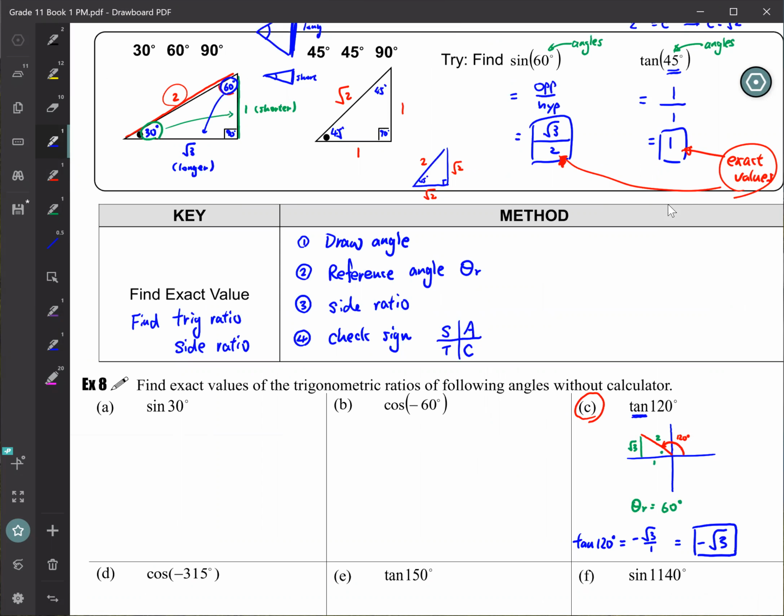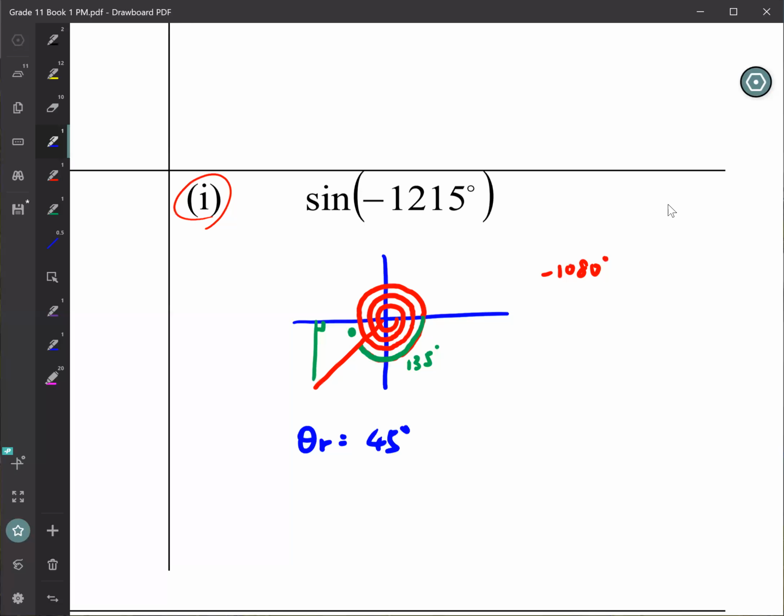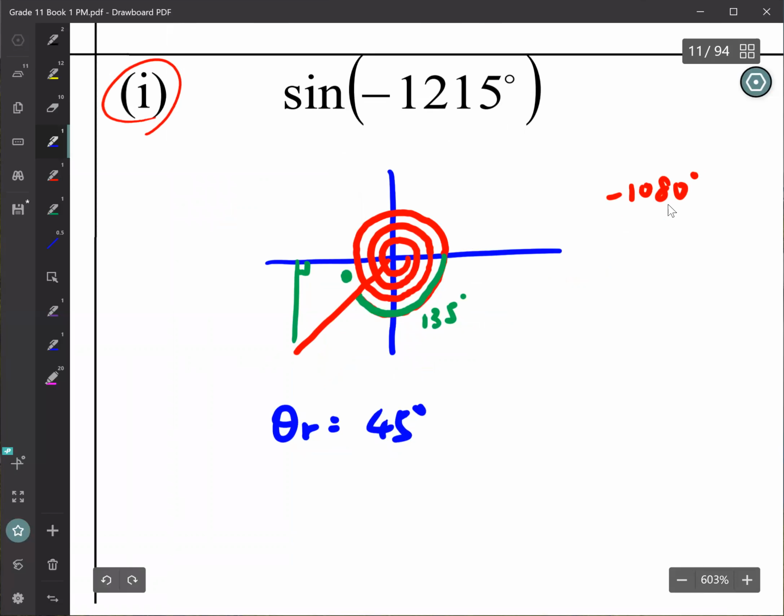So side ratio, we want to put in the sides. So what are the numbers that we should put in? What are the sides? 45 degrees. What are the 3 sides?